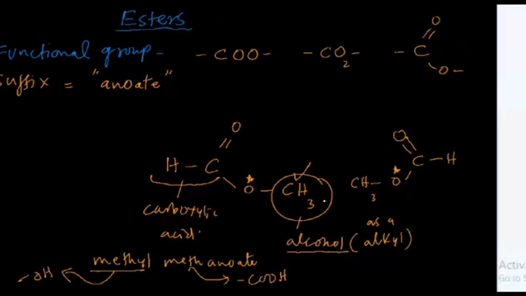Let me draw some more esters. Now you have an ester like this. If I add one hydrogen here and two carbon here, this is the structural formula of the ester. Now, look at the number of carbon atoms.